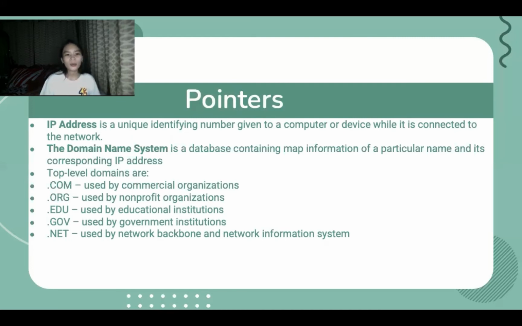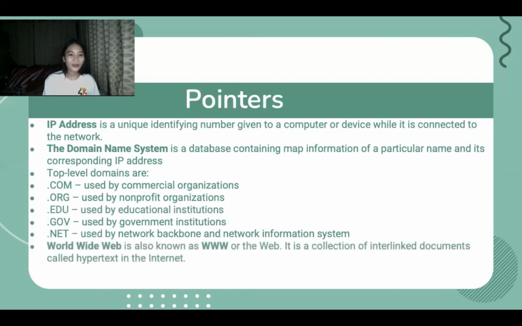Then .org is for non-profit organizations. .edu, like SSC.edu.ph, is for educational institutions. .gov is for government, like SSS. And also .net. So the World Wide Web, also known as the web, is a collection of interlinked documents.